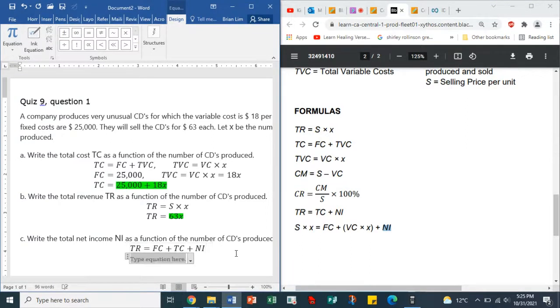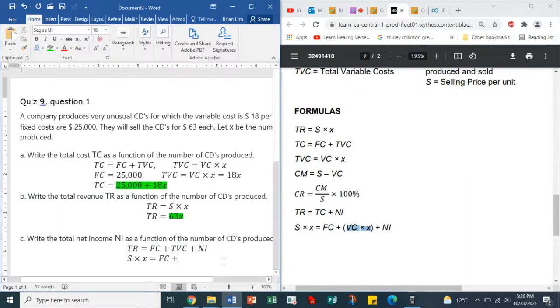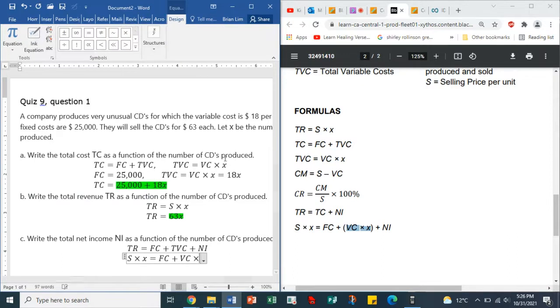Now that translates into S times X equals fixed cost plus total variable cost, which is VC times X. For the total variable cost, we take the variable cost and then we multiply by X. Yes, correct. And that plus the net income.